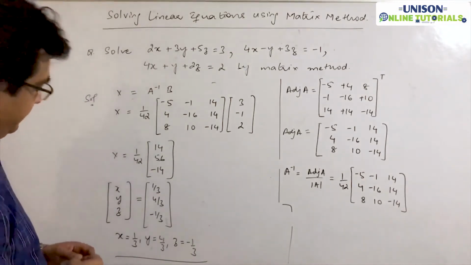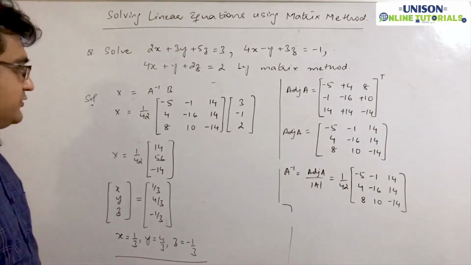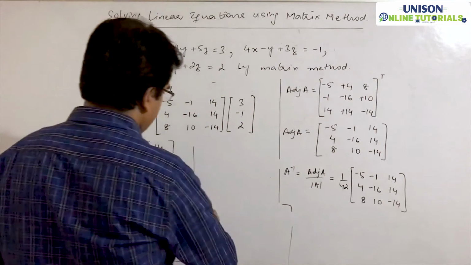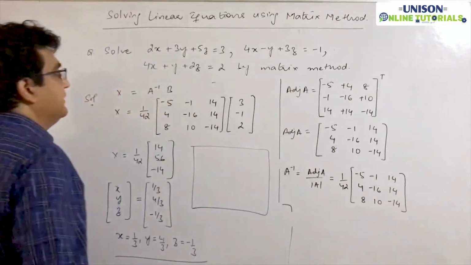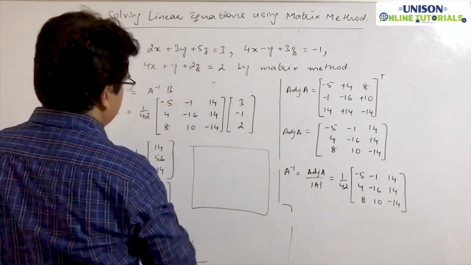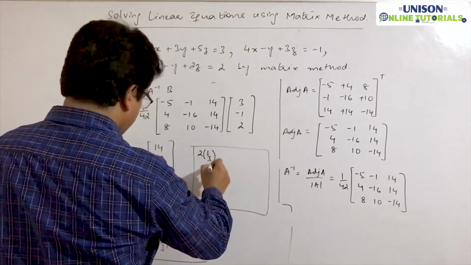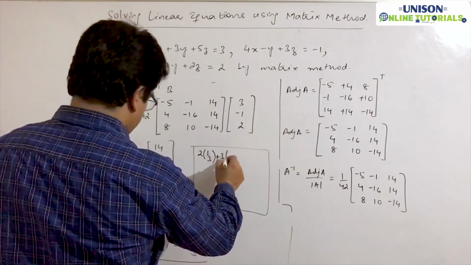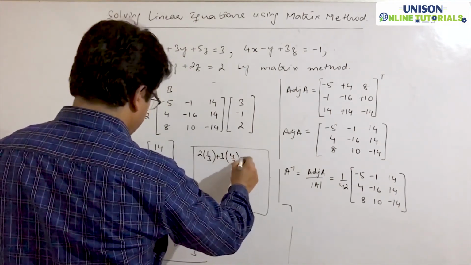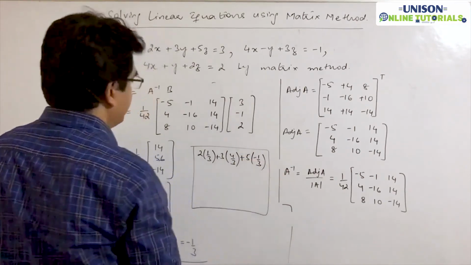So now, is our answer correct? Let's check by putting these values of x, y and z in any of the given equations. So let's put in the first equation 2 into 1 by 3 plus 3 into 4 by 3 plus 5 into minus 1 by 3.